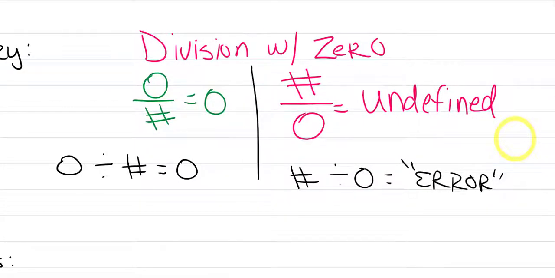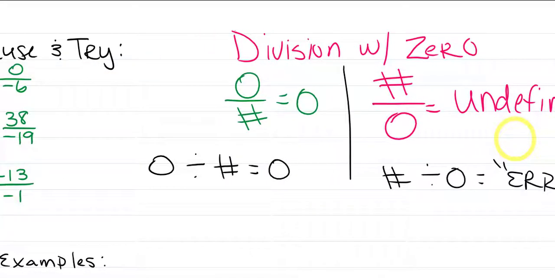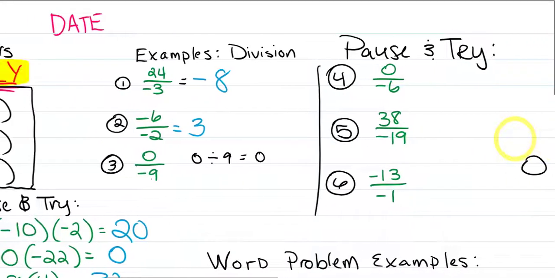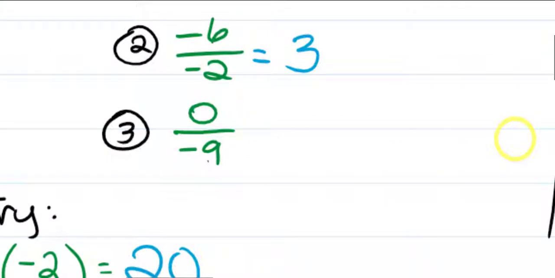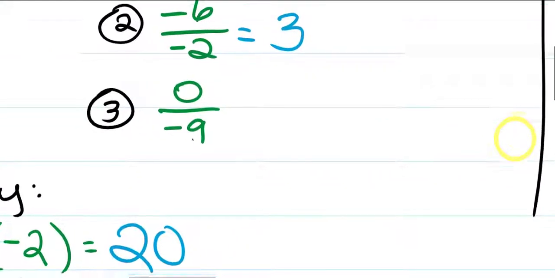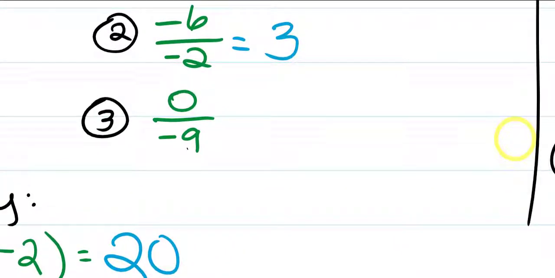So please make sure when you're setting up your word problems or setting up a problem to do your division that your 0 is in the numerator, not in the denominator. If it is in the denominator, the answer would be undefined. So here we have 0 divided by 9, and that's going to equal 0.